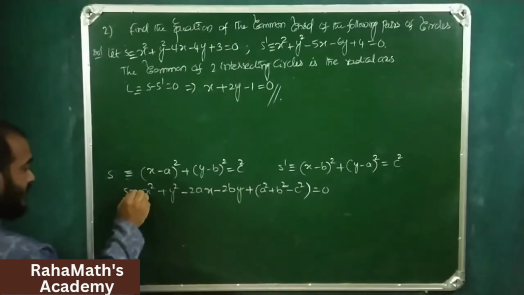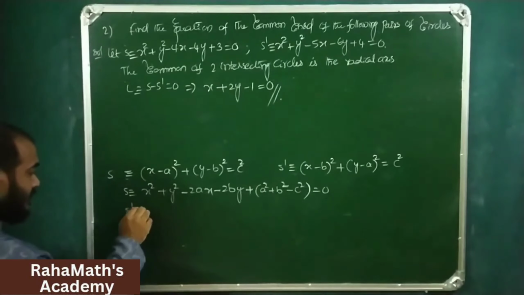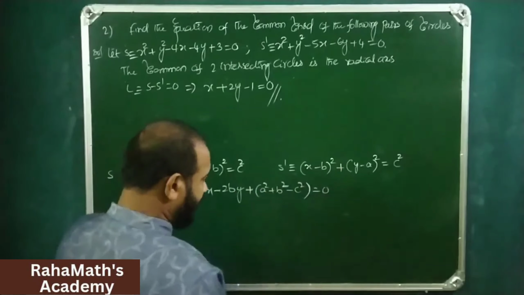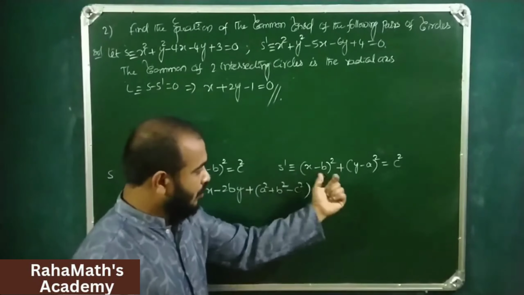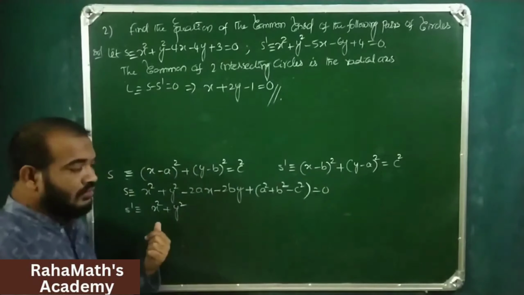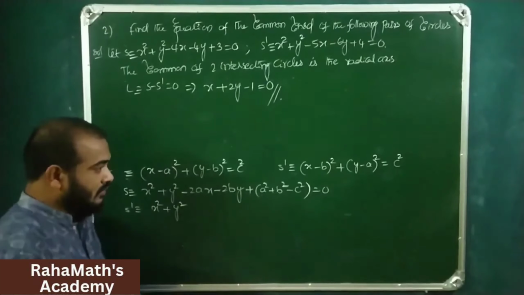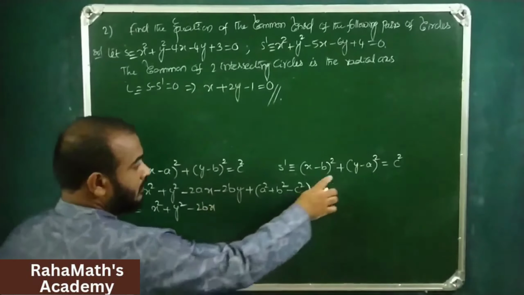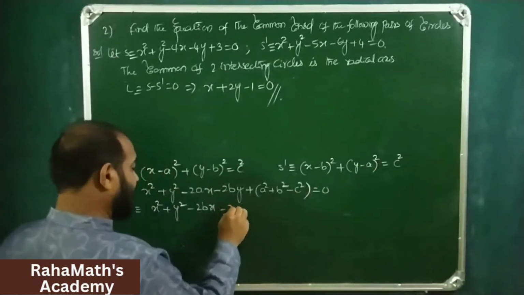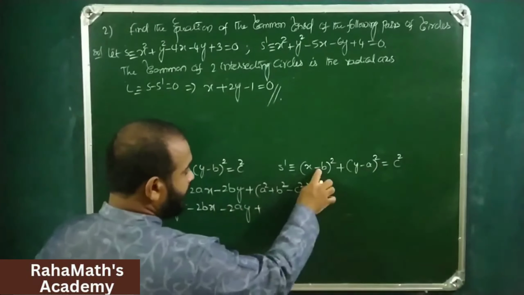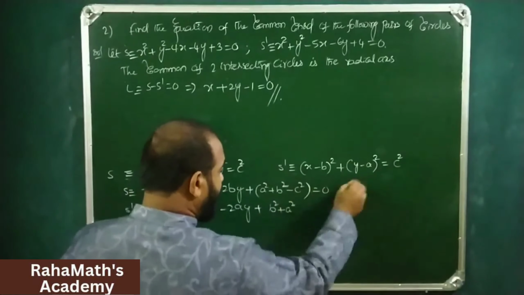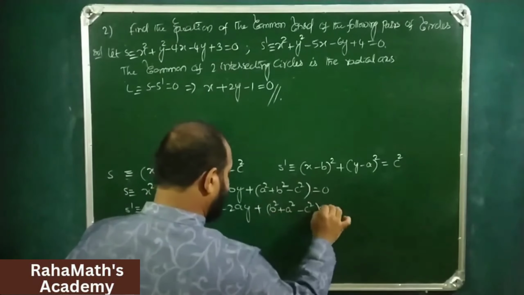And S dash is x square plus y square, minus 2bx, minus 2ay, plus b square plus a square minus c square equals to 0. I am trying to set it in order.